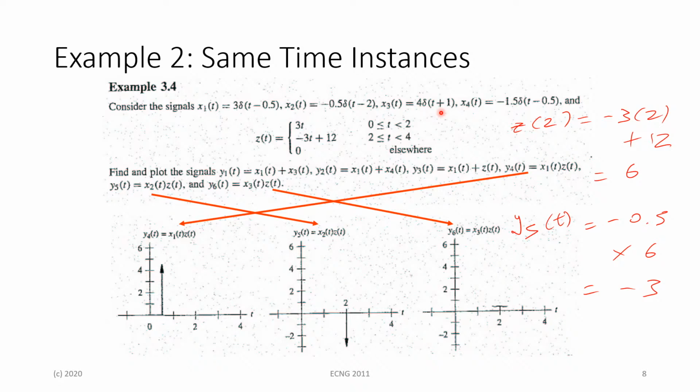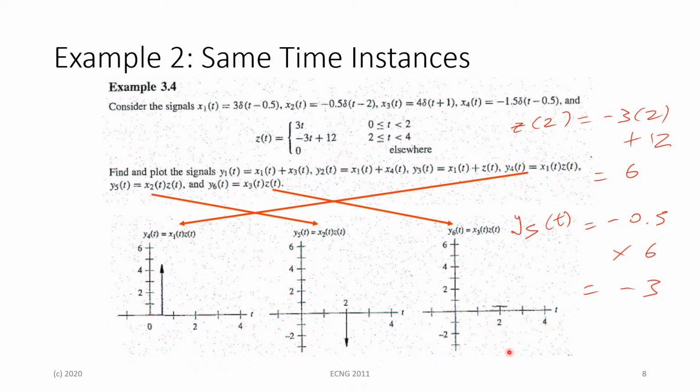But because this is t plus 1, this impulse occurs at t equals negative 1. And because it occurs at t equals negative 1, this impulse never intersects with our z of t signal. Because it never intersects, there will be no result. So our end result here is just going to be 0.